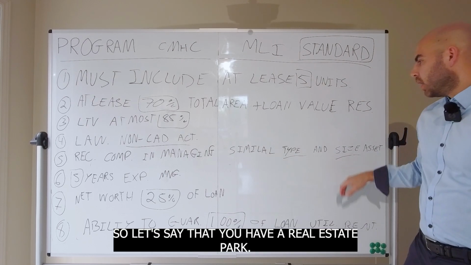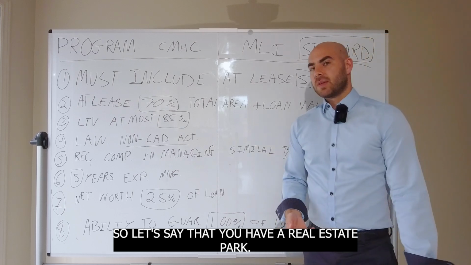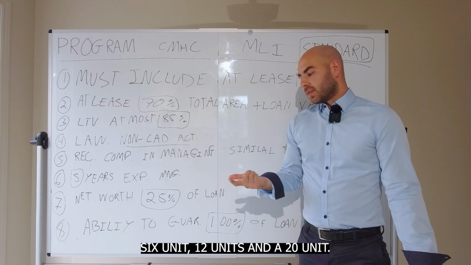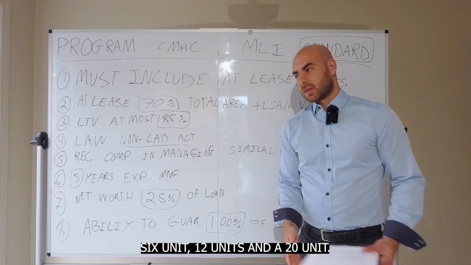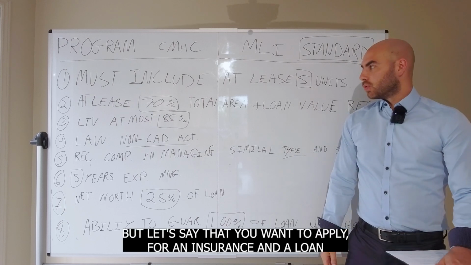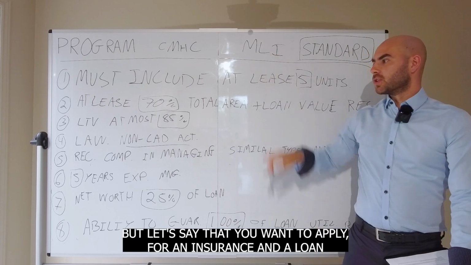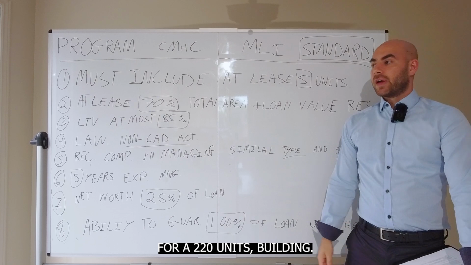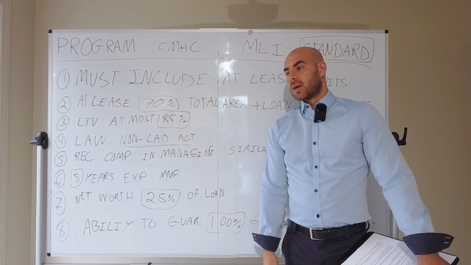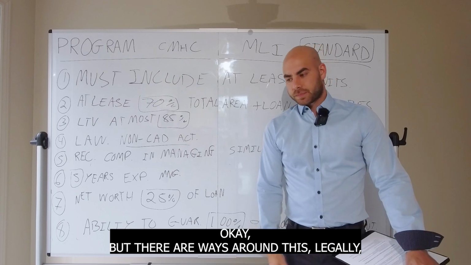So let's say that you have a real estate park of 6 units, 12 units, and a 20 unit. So it's a decent size of a real estate park, but let's say that you want to apply for an insurance and a loan for a 220 units building. It's not going to work out, okay?